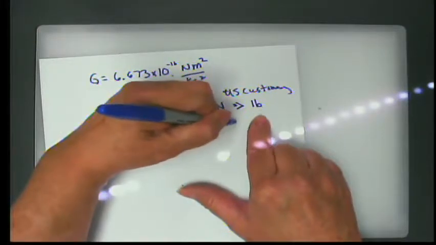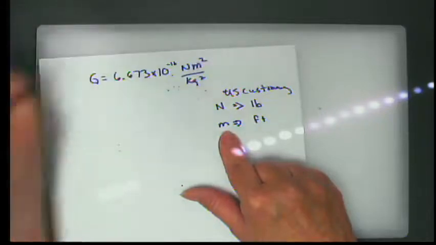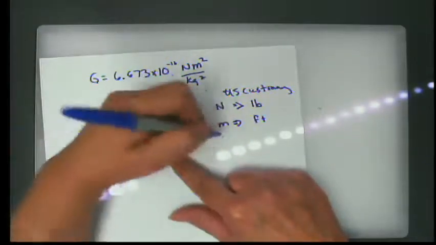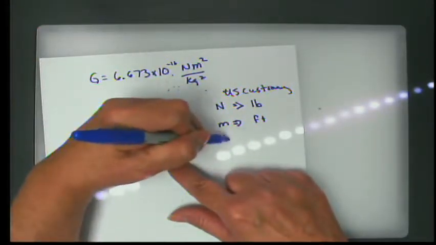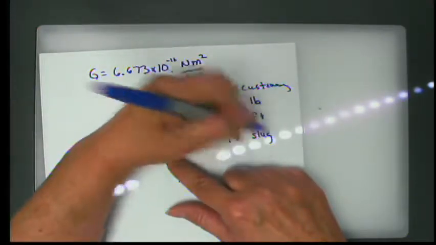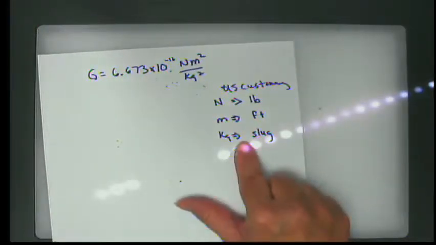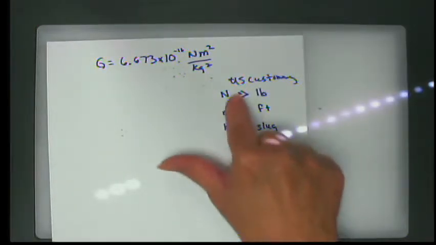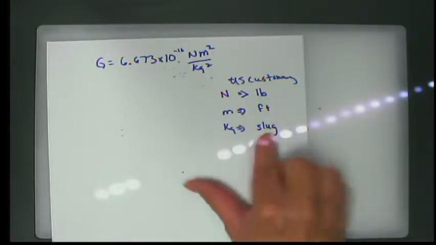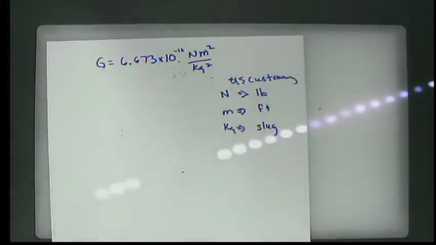Meter measures the dimension of length, which is measured in feet, and kilogram measures mass, which is measured as slugs in the U.S. Customary System.